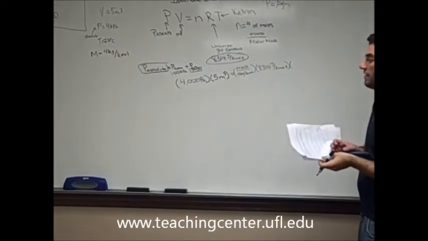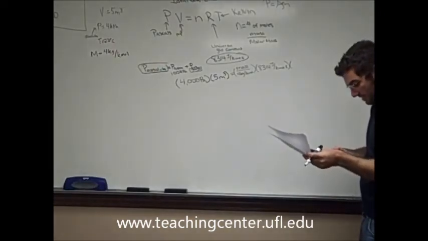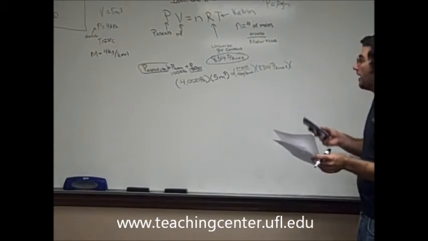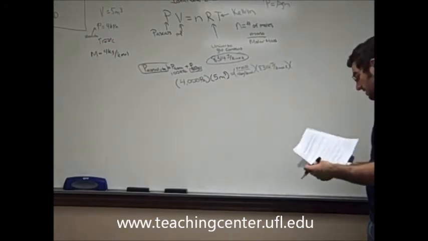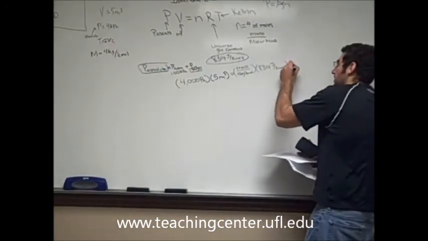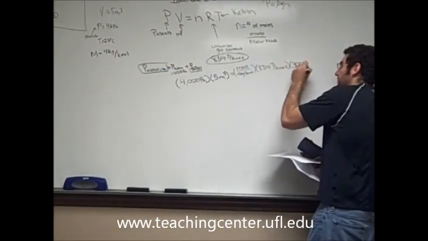You see here that he gave you it as 27 degrees Celsius. So to get to Kelvin, we have to do 27 plus 273, which is a nice round number of 300 Kelvin.